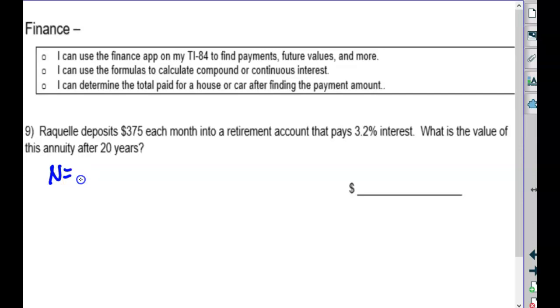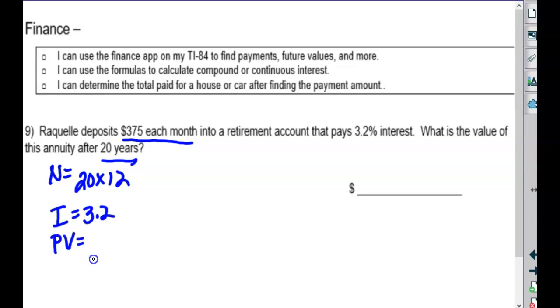N equals... Raquel deposits $375 each month into a retirement account that earns 3.2% interest. What is the value of the annuity after 20 years? What's N? Yep. I. PV.